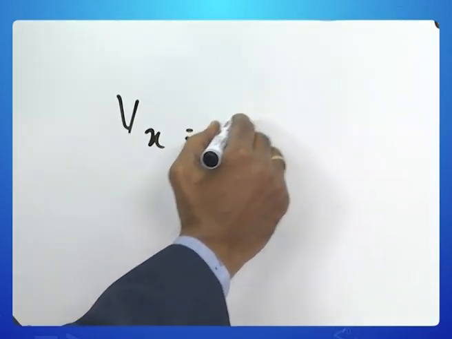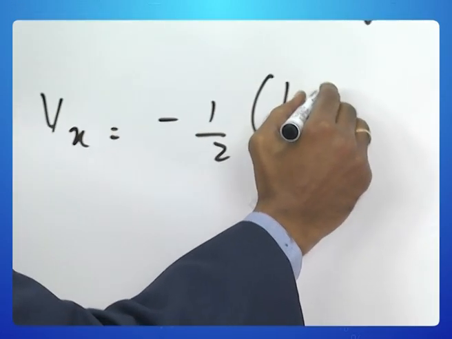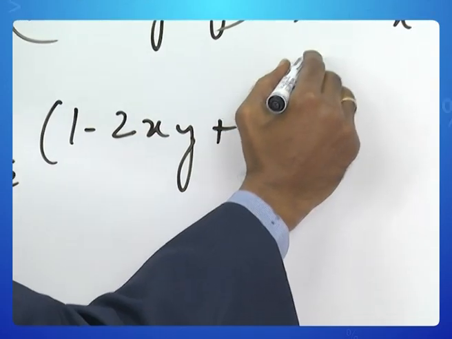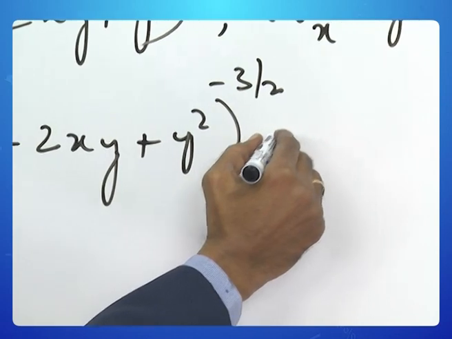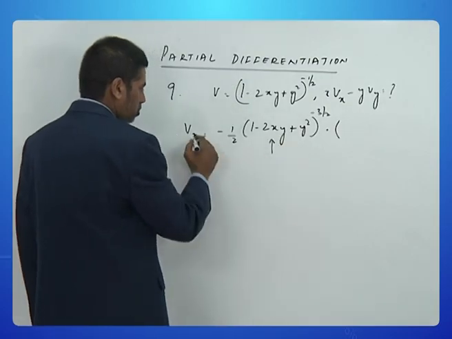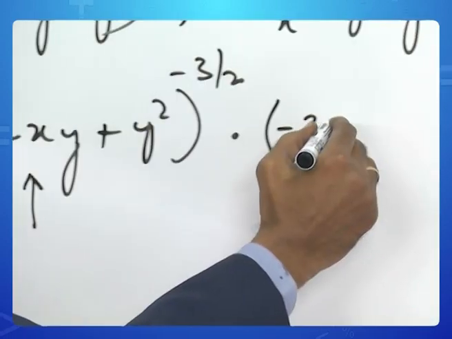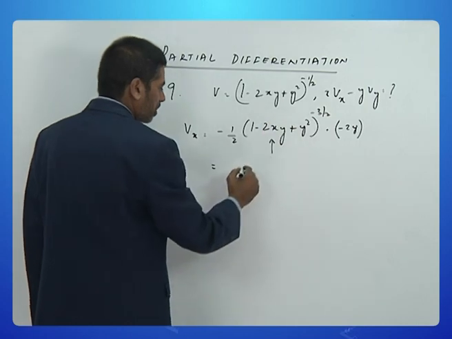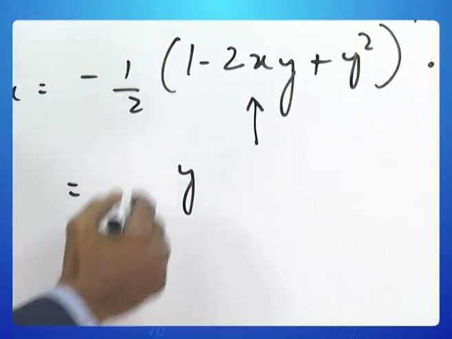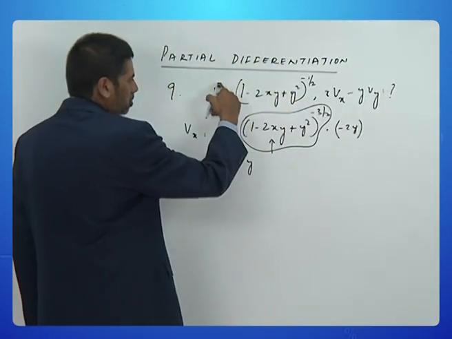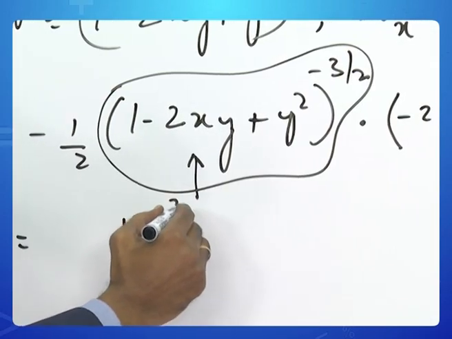Vx is equal to minus half into (1 minus 2xy plus y squared) whole power minus 3 by 2 into the differentiation of this term with respect to x. So you get minus 2y. So after simplification, you get y into, now this is the cube of this part, so it is v cube.